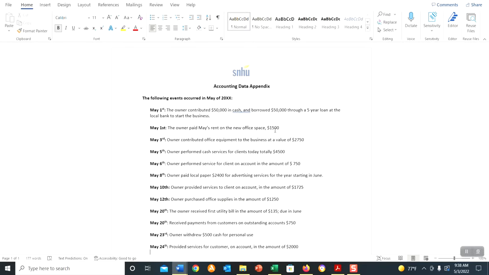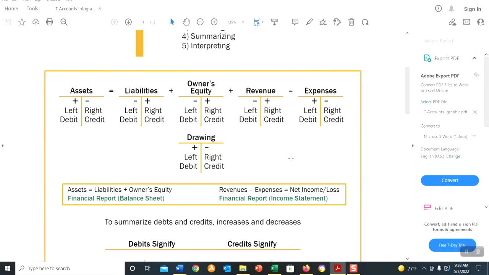So now that we've identified that rent expense is involved and is going up, and cash is an asset that is going down, we're going to move over to those rules of debit and credit to make sure we accurately identify which account is debited by the $1,500 transaction and which account is credited. You'll notice that expenses increase or go up on the left, so our rent expense account is going to take the debit. Cash is an asset, and assets decrease on the right or with a credit, so cash is going to take the credit.